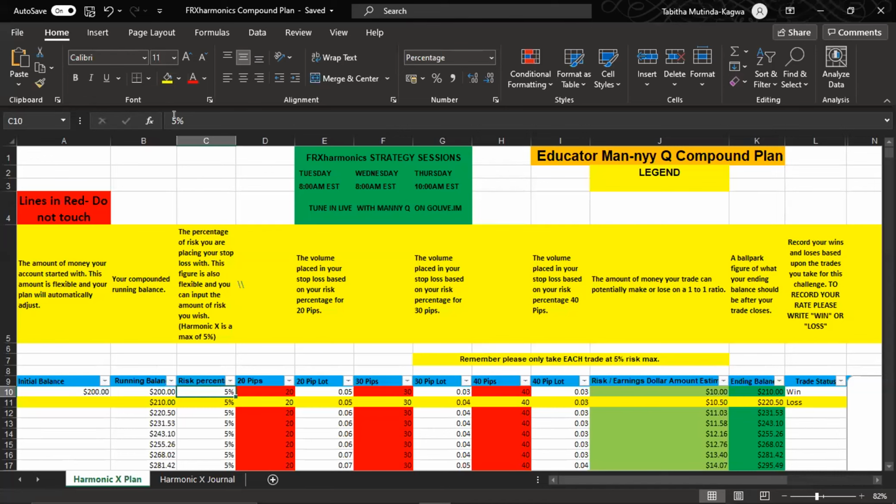If you want to be a little more conservative, you can make it 3%. Or if you want to go all gung-ho, you can make it 8% or even 9%. Again, you see the numbers changing. If you want to make 9% a day, you're aiming to make $18 on that day.